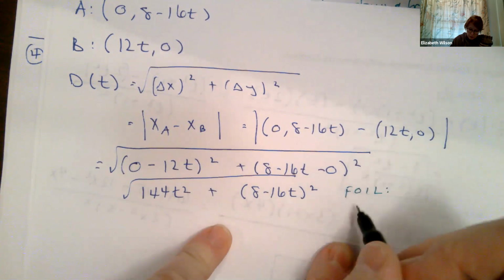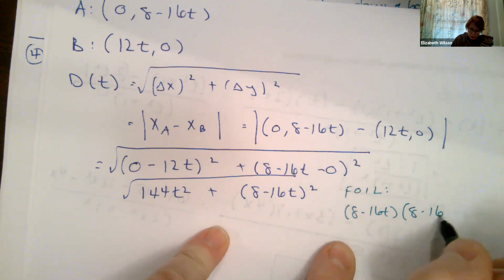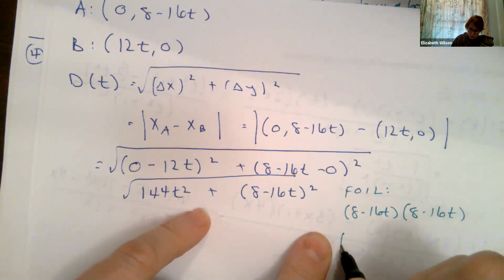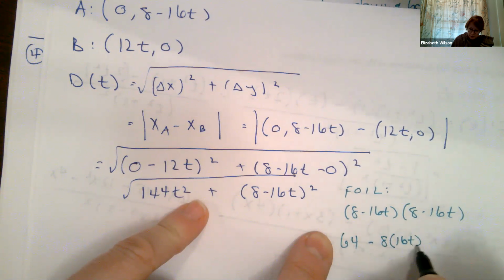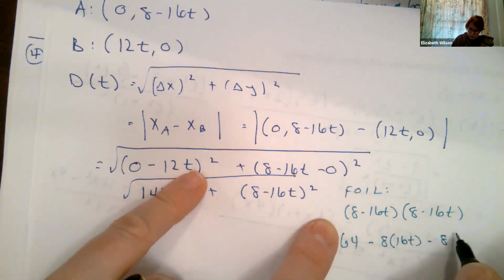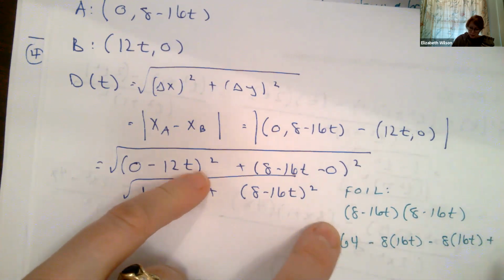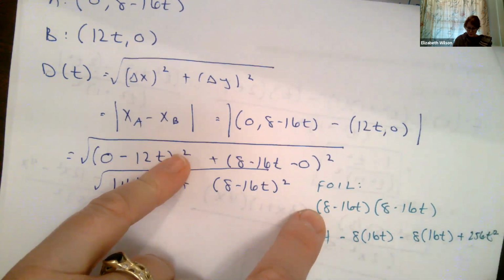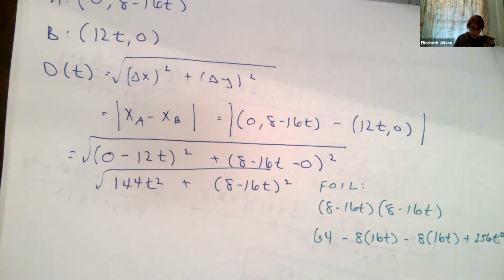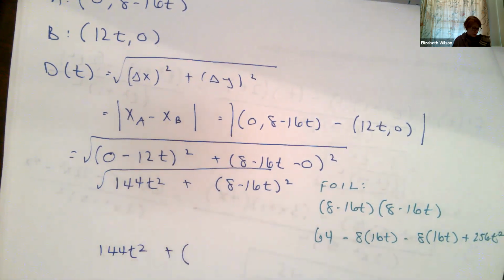So let's do that offline. So 8 minus 16t, 8 minus 16t. So this is the first. So 64 minus 8 times 16t minus 8 times 16t. Minus minus is plus. 16 times 16, 256t squared. Okay, so let's put these together. So I'm going to get 144t squared plus, right, this whole thing.